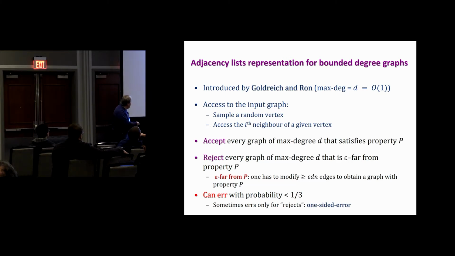We can sample a random vertex, and then ask for the 5th or the 10th neighbor of a given vertex, or learn that the degree is lower than that. The model is very similar: we assume that graphs which are epsilon-far from a given property require modifying at least epsilon dn edges to obtain a graph with the property.